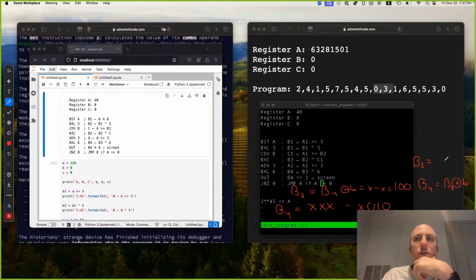Let's kind of skip B3 and just say that B3 is equal to B4.